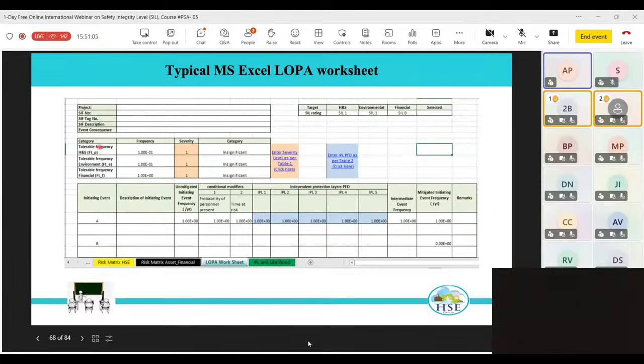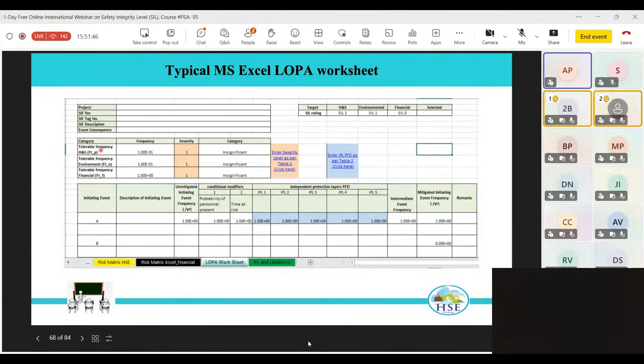Here, these four columns are the category, frequency, severity, and category. According to the severity, we need to enter it from the table, that is the risk matrix, which severity it is, such as 2 or 3, that we discussed in HAZOP. According to severity, it will take the frequency and categorize it. The tolerable frequency has a big role to play, because that is what you can tolerate.